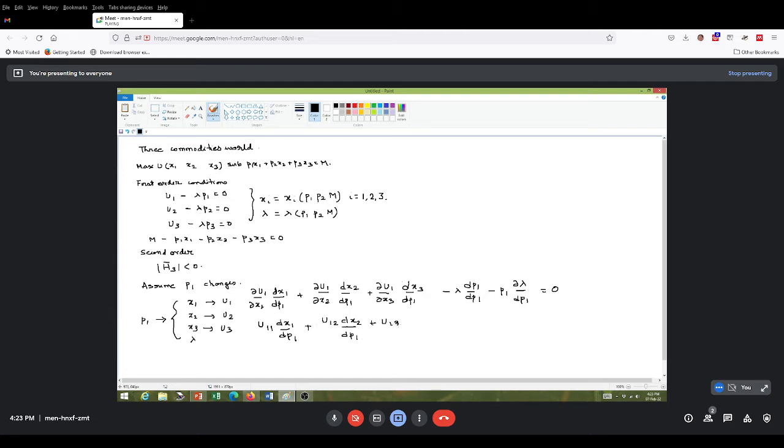Then we have u13 into dx3 by dp1. Now this is minus lambda. We take minus lambda to the right hand side, and this is P1, equal to lambda.